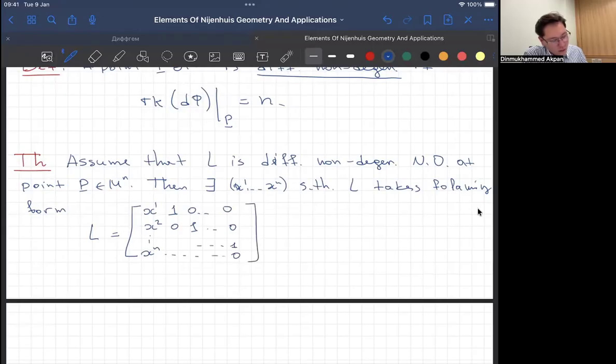This form is called the non-degenerate Nijenhuis operator form, or its normal form.